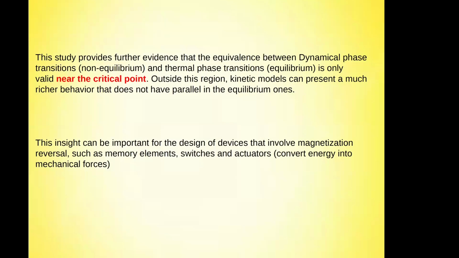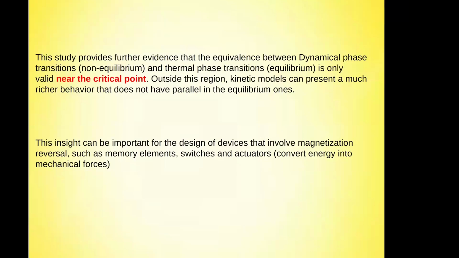When I say they're equivalent, and most people forget this, non-equilibrium and equilibrium phase transitions are equivalent near the critical point. If you go outside this region, equilibrium and non-equilibrium systems can behave in a completely different way.